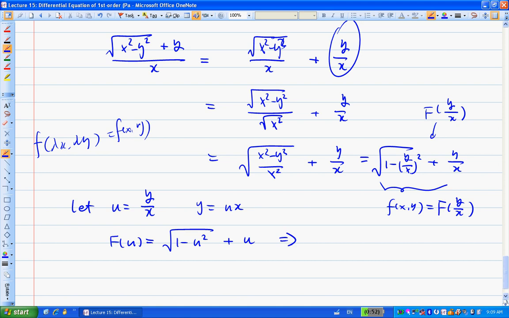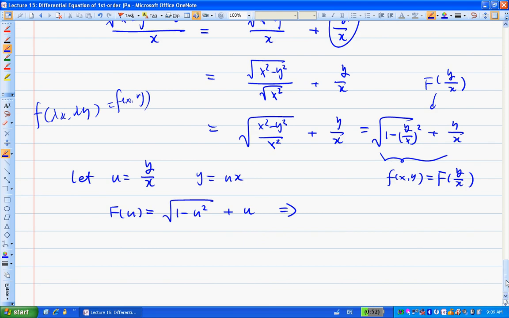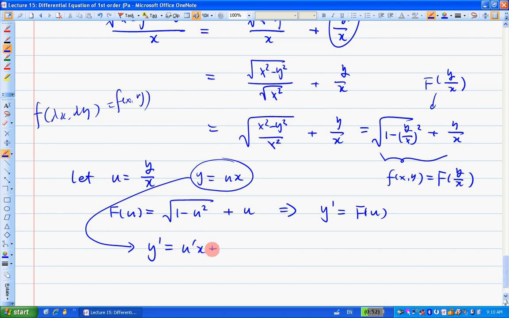So my original differential equation becomes, what's my original differential equation? The original differential equation is this equal to this. So that differential equation essentially becomes y prime equal to f of u, so without any changes. This whole side is function of u here. Based on the condition you imposed here, we have y prime equal to u prime x plus u.